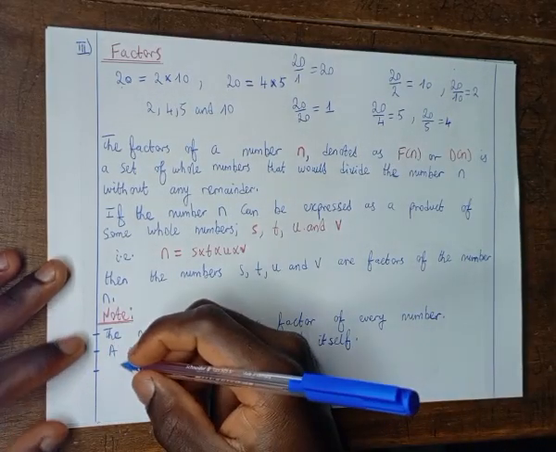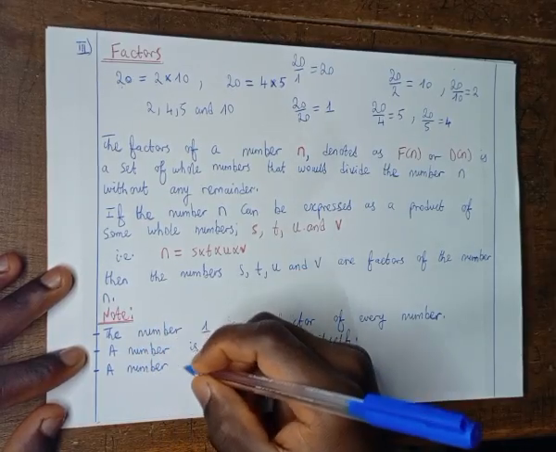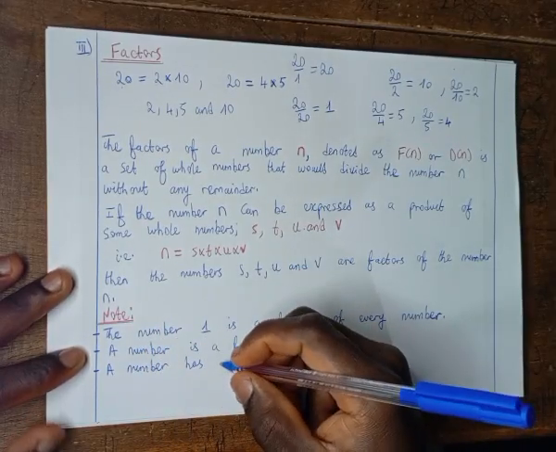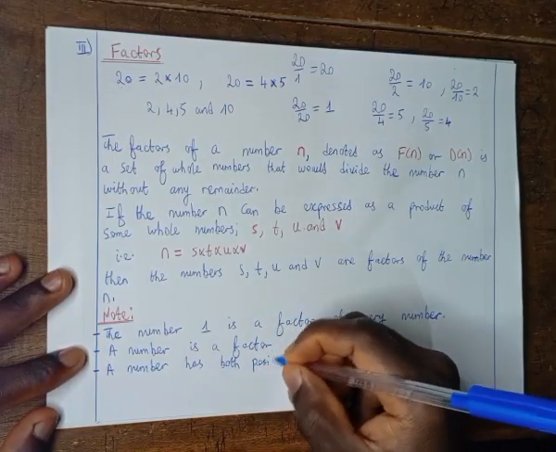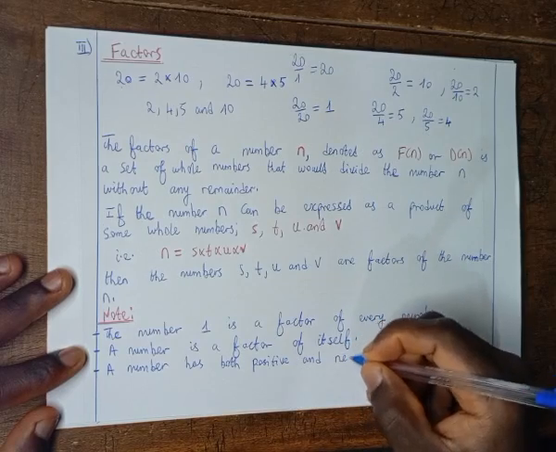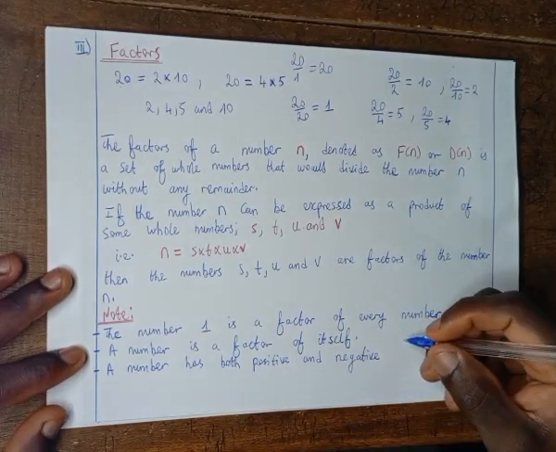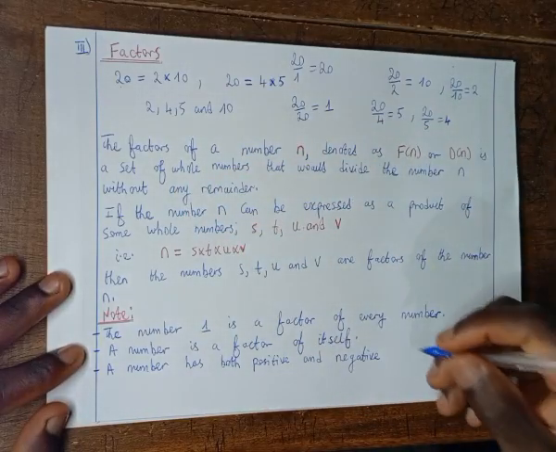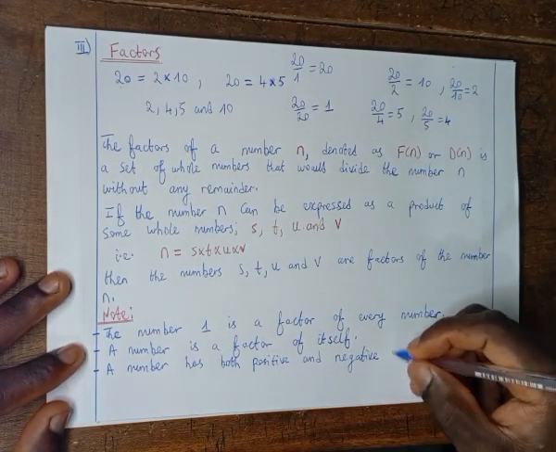Next, a number has both positive and negative factors. Most often we limit ourselves to the positive factors, but any number has both positive and negative factors.